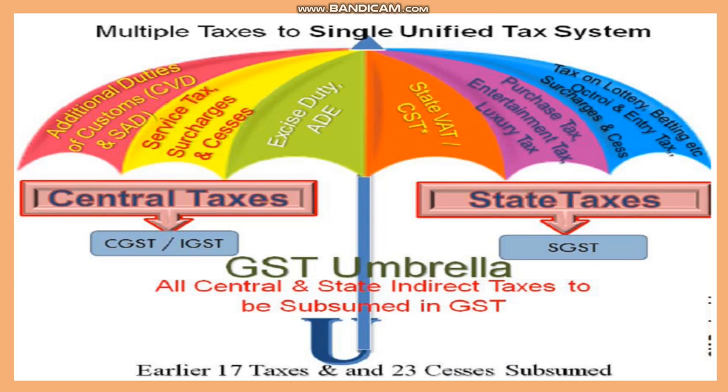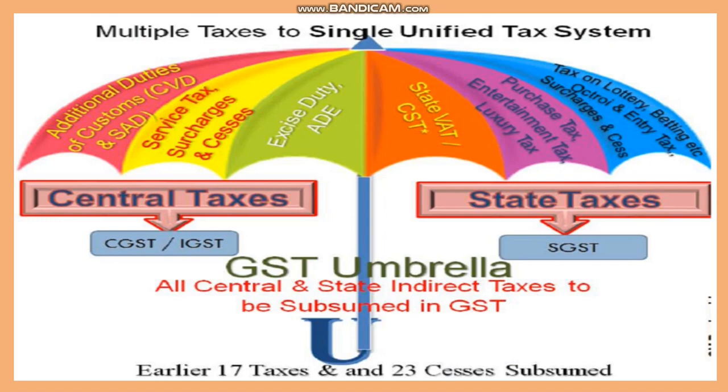There were so many types of taxes, surcharges, levies made by both the central government and state governments. Nearly 17 taxes and 23 cesses come under the GST roof.